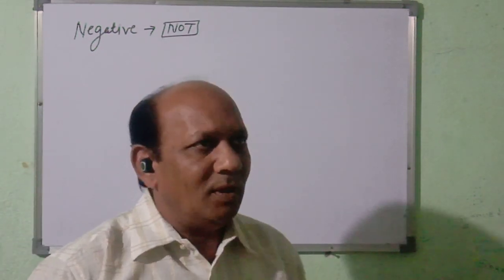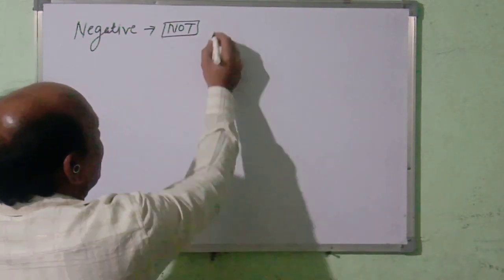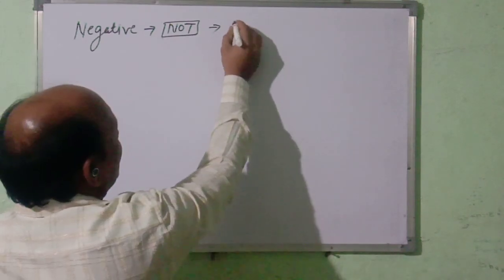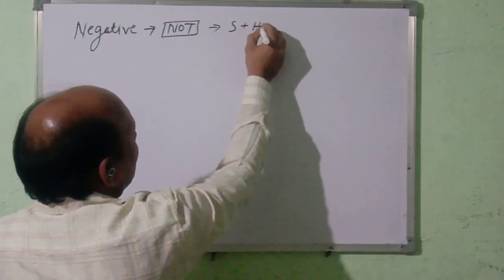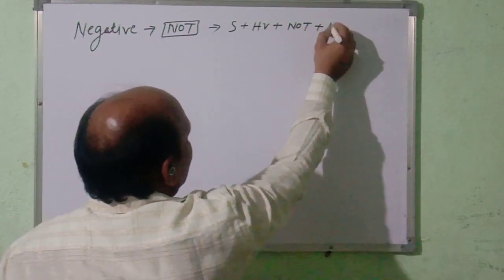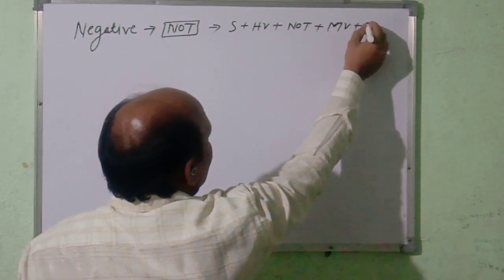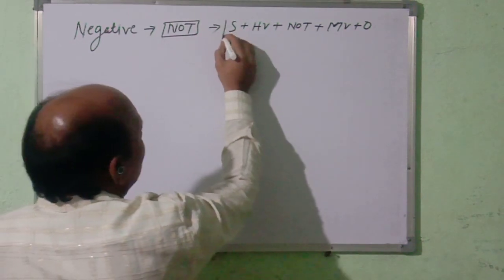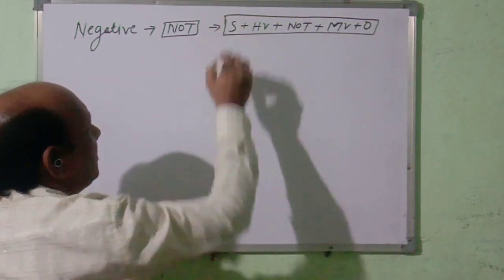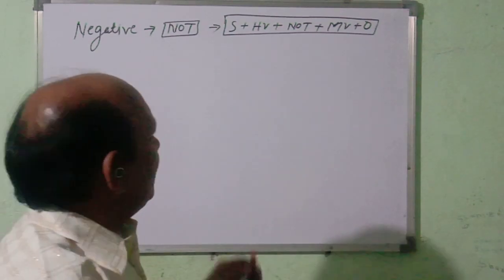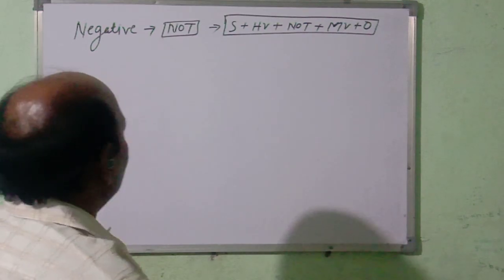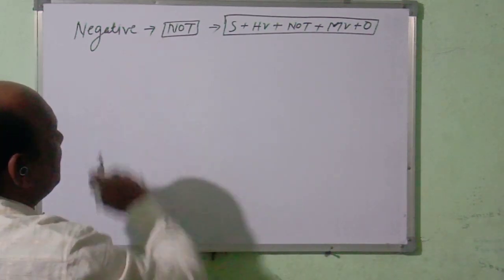So what is the structure of the negative sentence? We will see: subject plus helping verb plus not plus main verb plus object. This is the particular structure of the negative sentence. When you are creating the negative sentence, you have to follow this structure.